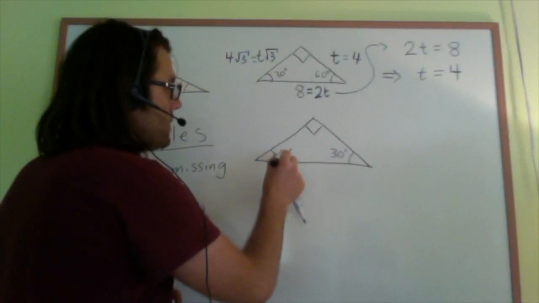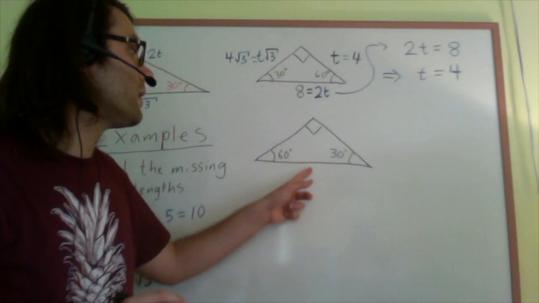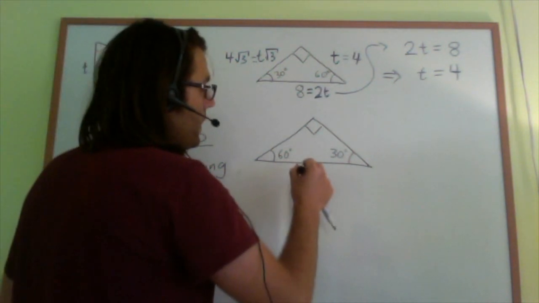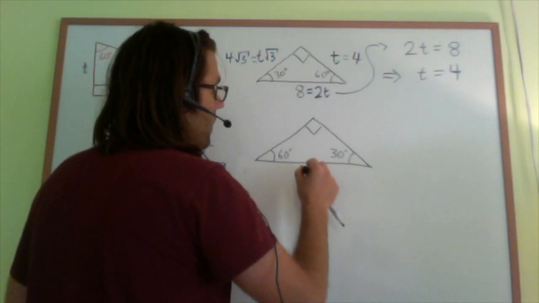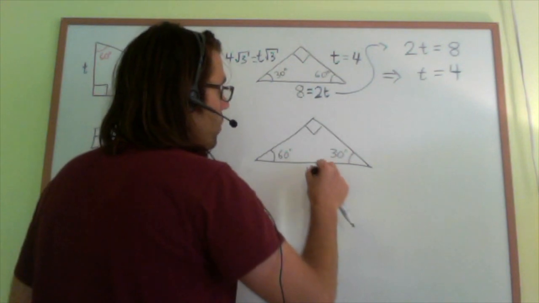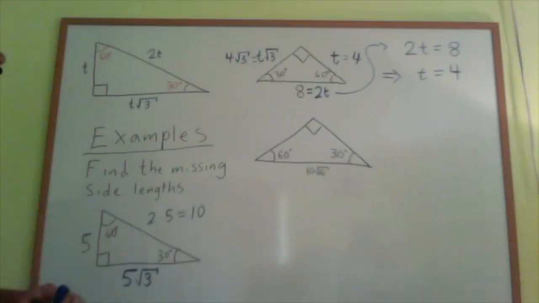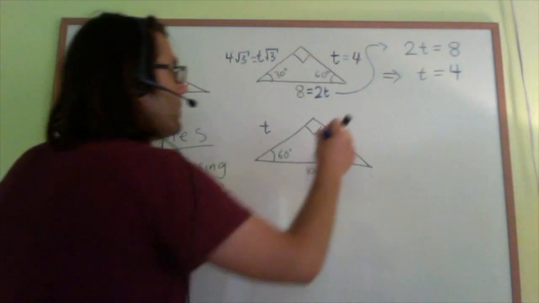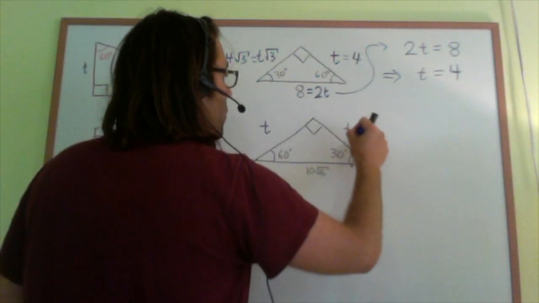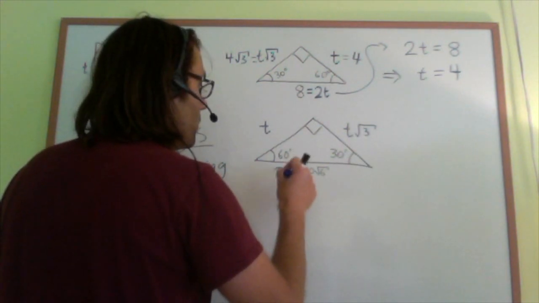And this time, let's suppose, for the sake of argument, that this guy over here is, let's say, 10 root 6. Okay. Now, once again, we know the relationships here are that if this here is t, this would have to be t root 3, and this would have to be 2t.